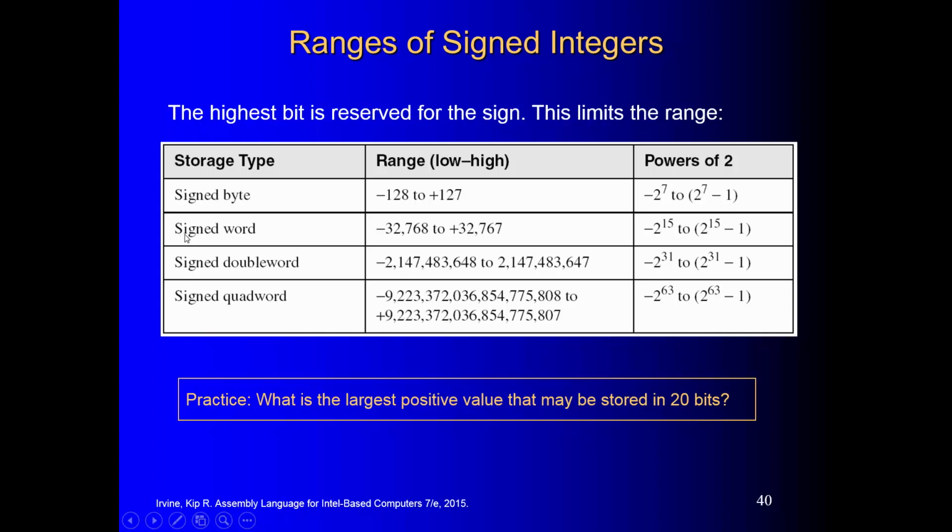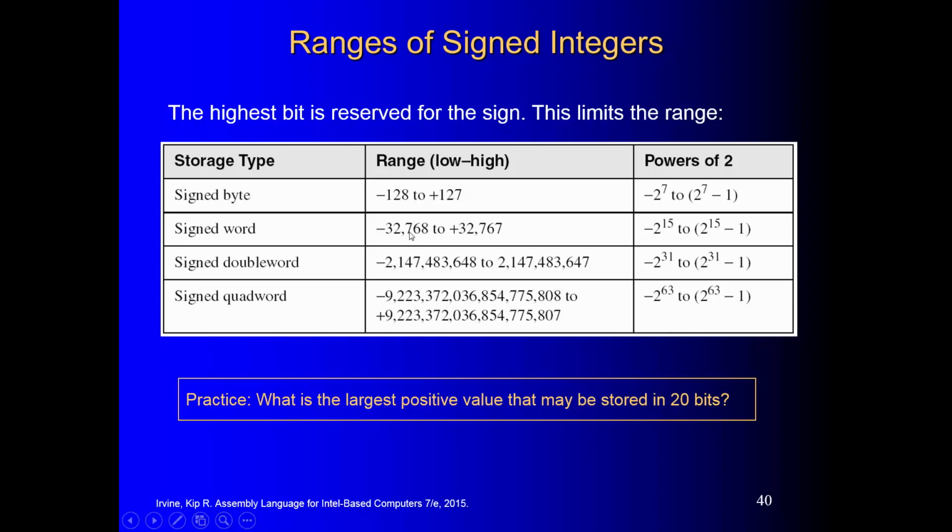So if you have a signed word, you want to find out the range, you can use negative 2 to the 15th power for the smallest, and 2 to the 15th power minus 1 for the positive, the highest number. A word is 16 bits, and you have to use the leftmost significant bit for sign.